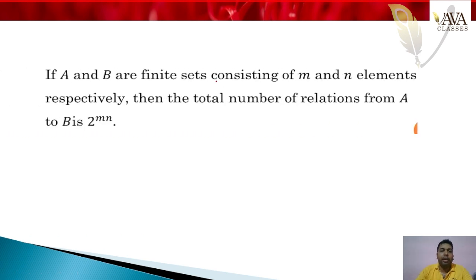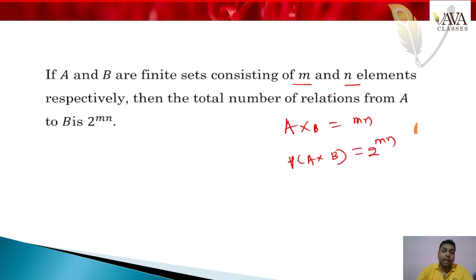If A and B are finite sets consisting of m and n elements respectively, then the total number of relations from A to B is, since the total number of elements in A into B is mn, and the total number of all subsets of A into B is the power set of A into B, equal to 2 to the power mn.